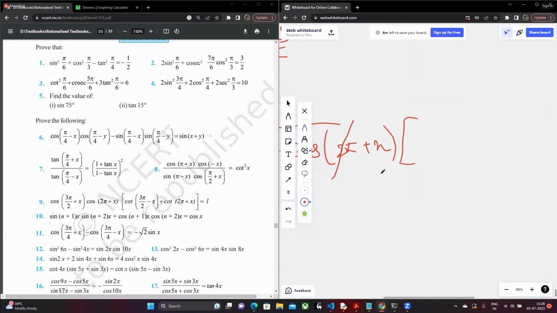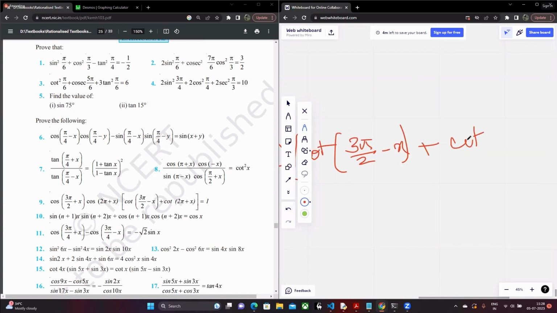So this is going to be cos of 2 pi plus x, 1 into cot of 3 pi by 2 minus x plus cot of 2 pi plus x, right? So this is going to be cot of 3 pi by 2 plus x, right? This is minus x. 3 pi by 2 minus x plus cot of 2 pi plus x.